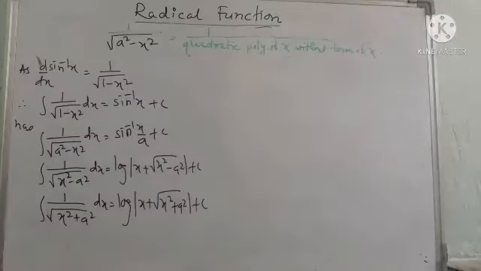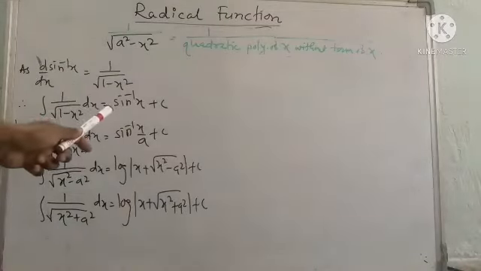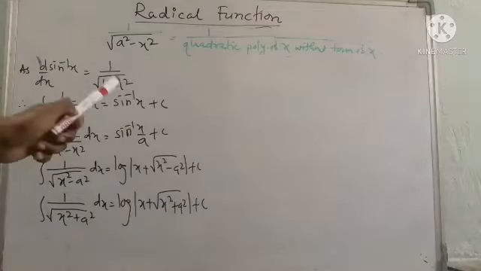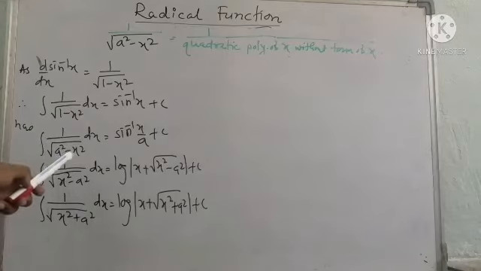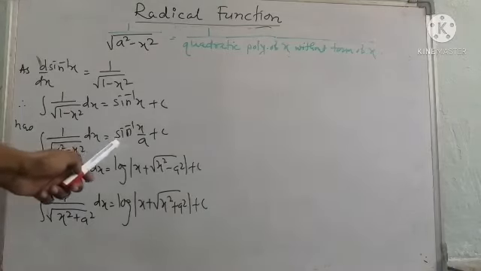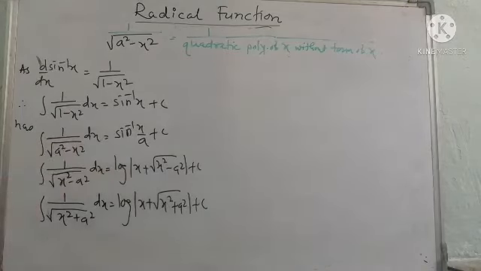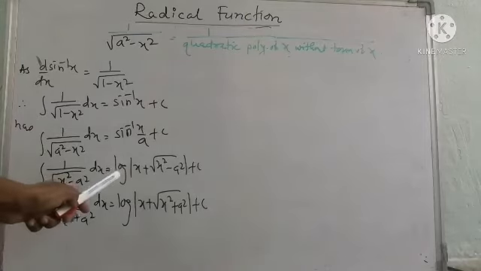As the derivative of sine inverse x is 1 upon root of 1 minus x square, therefore the integration of 1 upon root of 1 minus x square is equal to sine inverse of x. If this 1 is replaced by radical a, then the form becomes 1 upon root of a square minus x square, and its integration is sine inverse of x upon a, plus c. If this a square minus x square is replaced by x square minus a square in the root, then its integration will be log of mod of x plus root of x square minus a square, plus c.